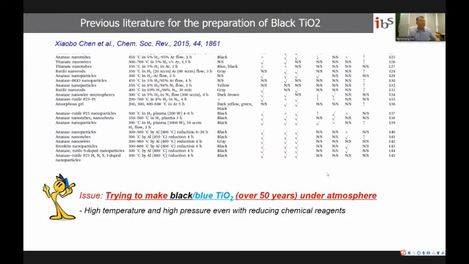This is from a Chemical Society Reviews paper from about 5 years ago. All of the reports here use high temperature. So this is the over 50 years issue of making black TiO2.